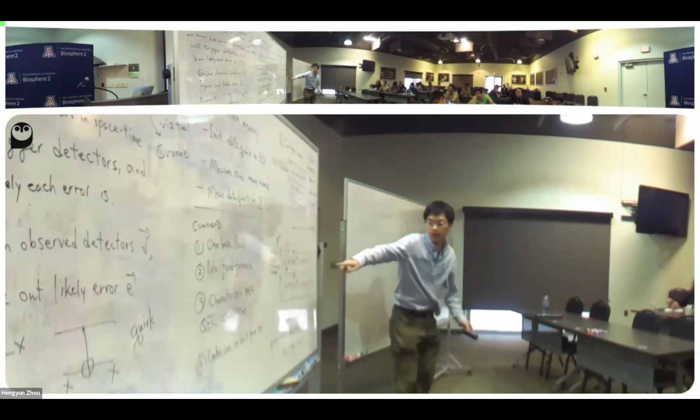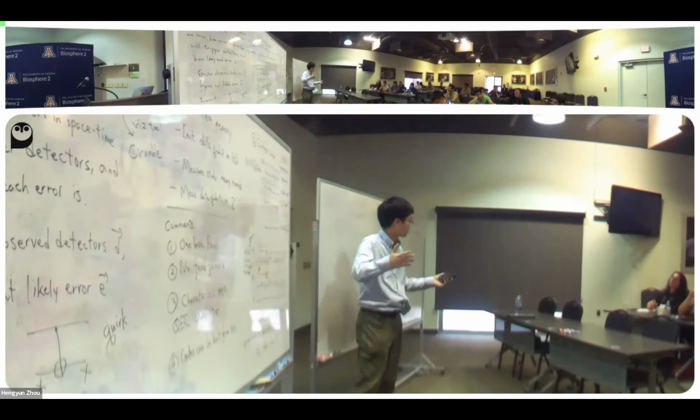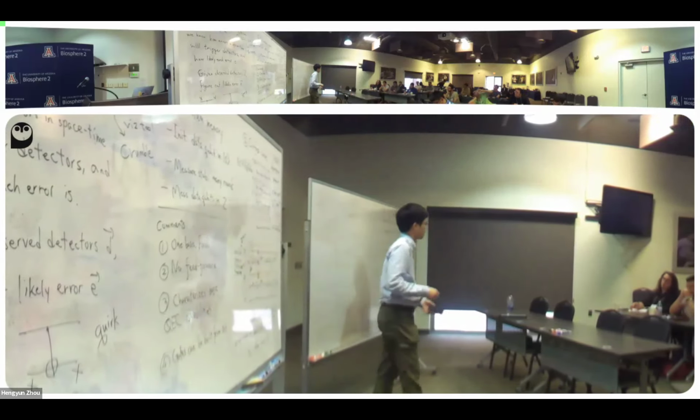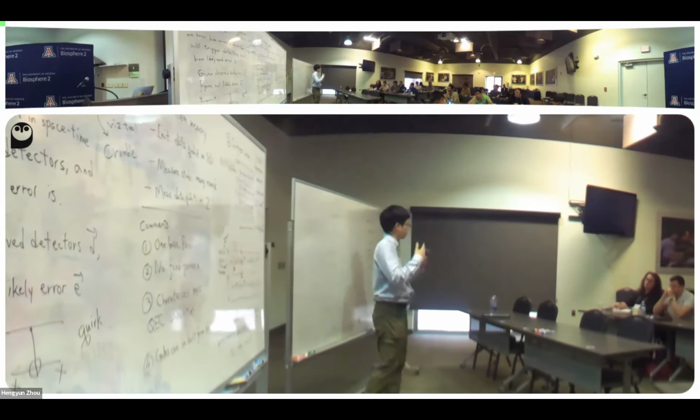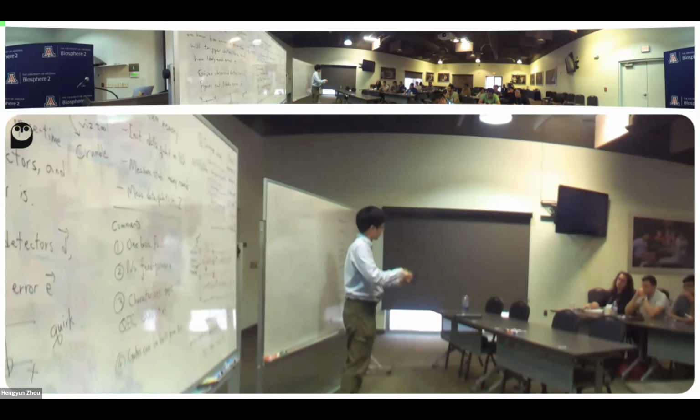By each run, do you mean this counts as one run, the whole circuit? Yeah, the whole circuit. So it's per run. In this given run, you want to know where the errors occurred in this given run. And so you do decoding and everything. Yes. Yeah.